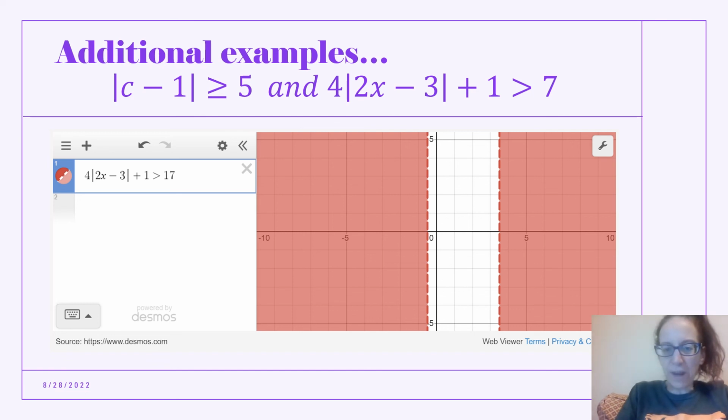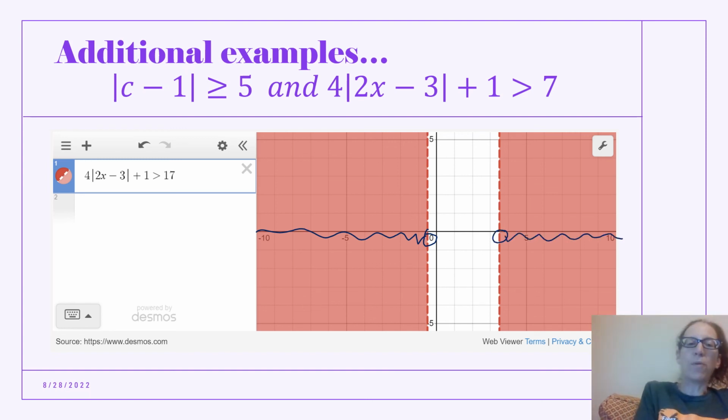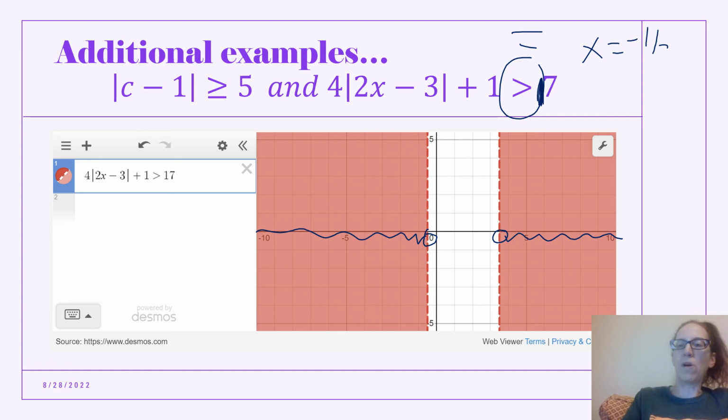So -1/2, and then this should be 1, 2, 3.5. Okay, now before, when we had the equal sign there, that should be 17 on that slide. That's why I'm looking at my notebook to the side of me. And we got x is equal to -1/2 and x is equal to 7/2, which is 3.5. Okay.